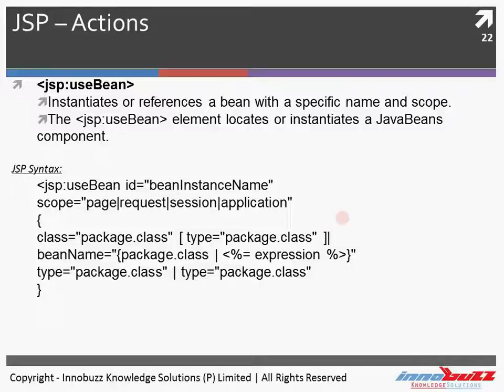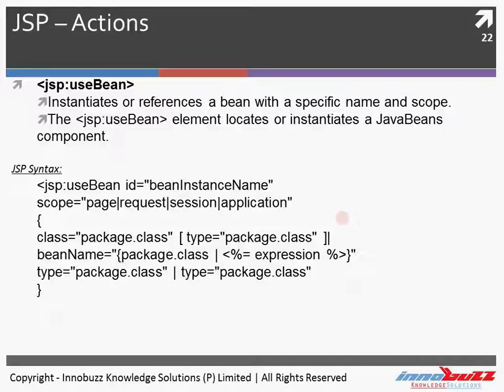Page: you can use the bean within a JSP page. Request: you can use the bean from any JSP page processing the same request, until a JSP page sends a response to the client or forwards the request to another resource. You can use the request object to access the bean, for example request.getAttribute.